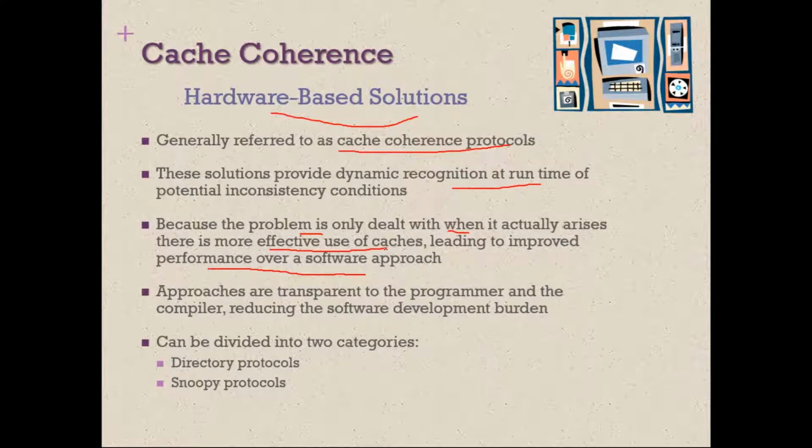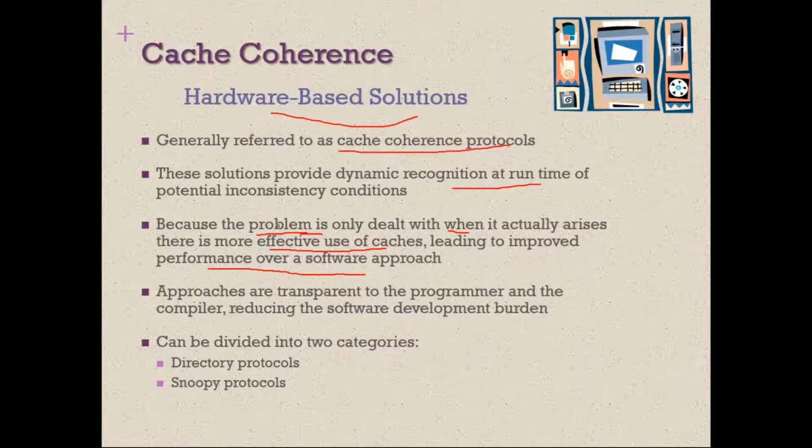Okay, so if the prediction becomes wrong, then we don't know how the software based approach is going to behave. Okay, so in fact the hardware based approach works better in effectively dealing with the cache coherence problem.